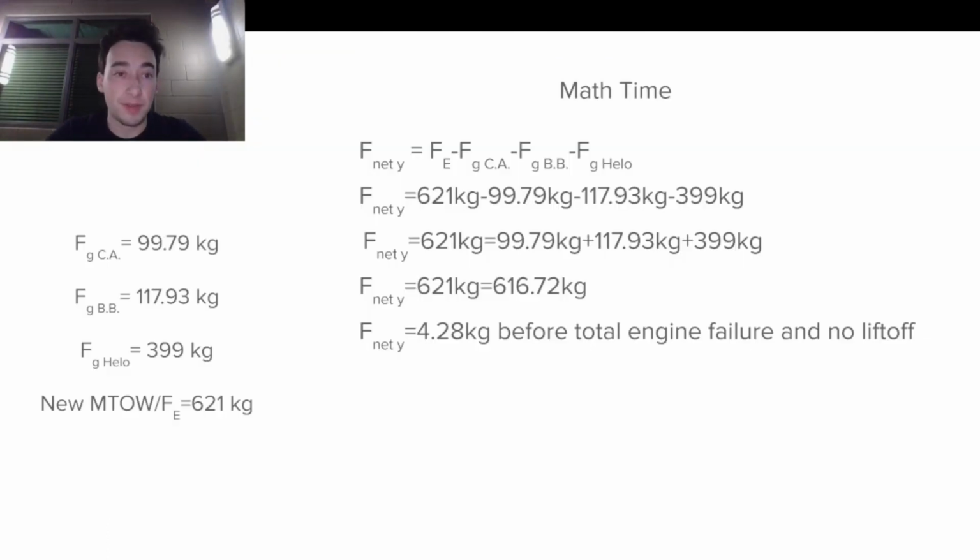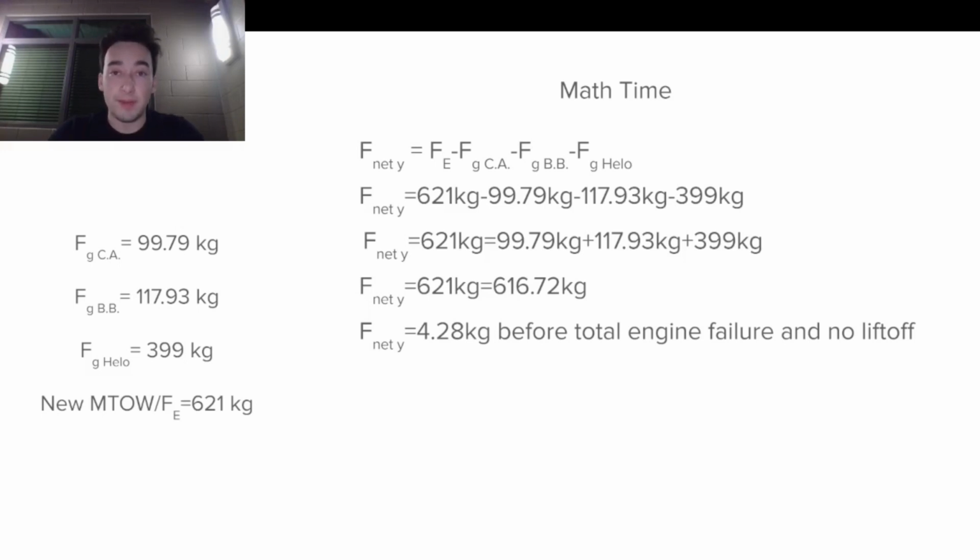When it comes to doing the math, we still have our normal FG for Captain America, our normal FG for Bucky Barnes. We do have a different FG for the helicopter, though, which is now 399 kilograms. As well, we throw in our new max takeoff weight, or FE, of 621, and we put all of that into our FNet equation.